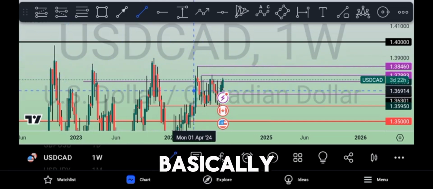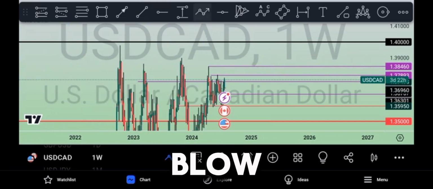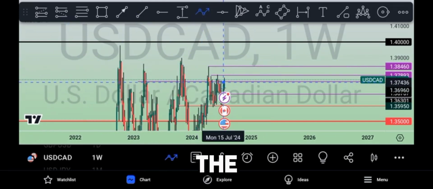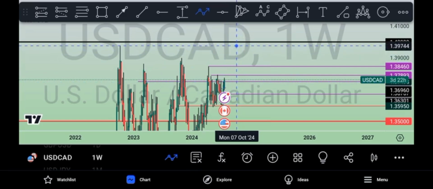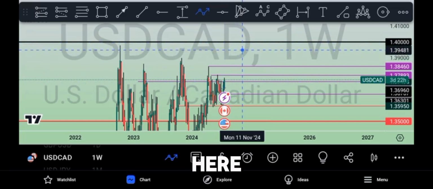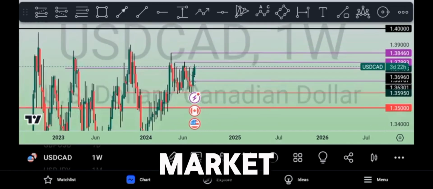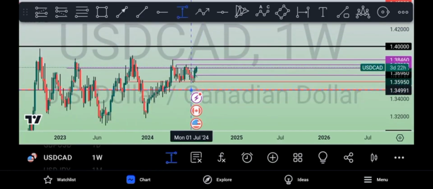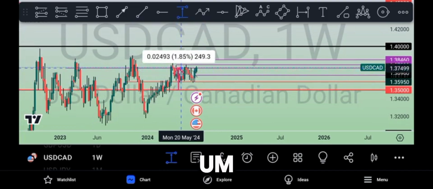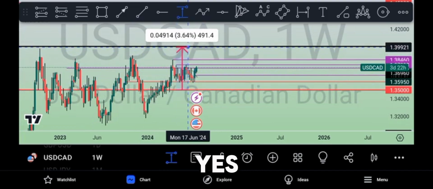So basically, I'm expecting price to blow up all the way to 1.4, because the 1.4 marks the round market cycle.